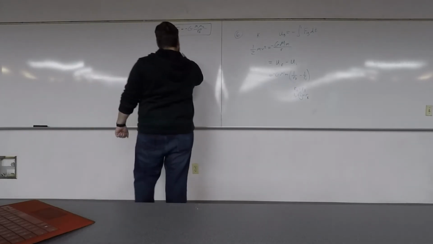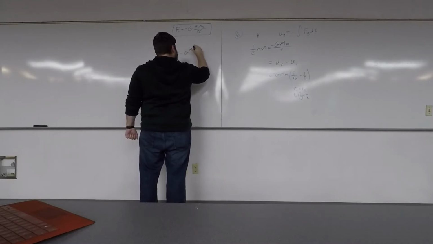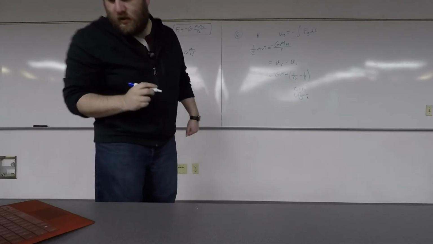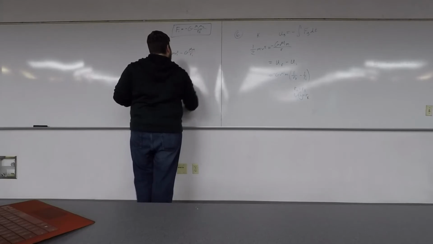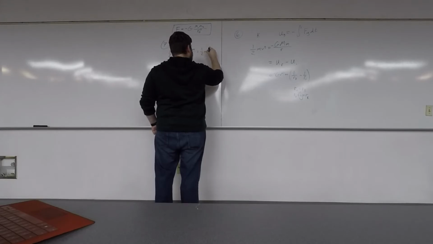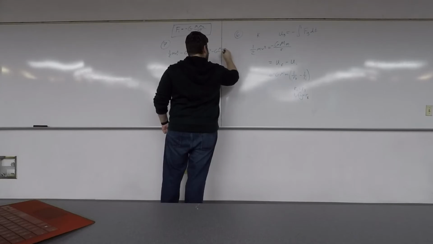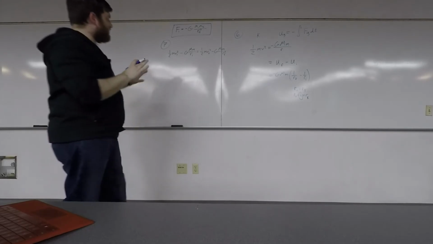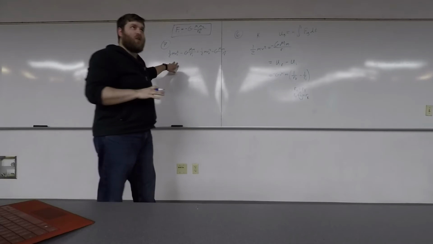So initial energy, 1/2 mv initial squared minus GMm over R initial, equals 1/2 mv final squared minus GMm over R final. So this is an equation in your book. It's basically conservation of energy, looking at total mechanical energy.